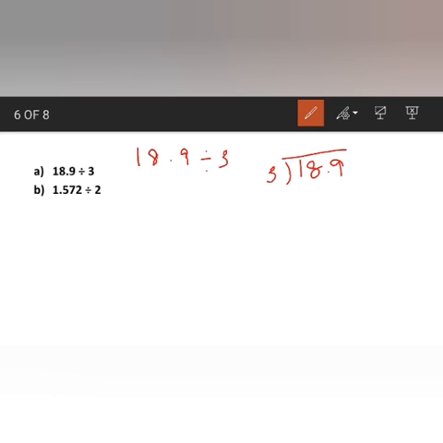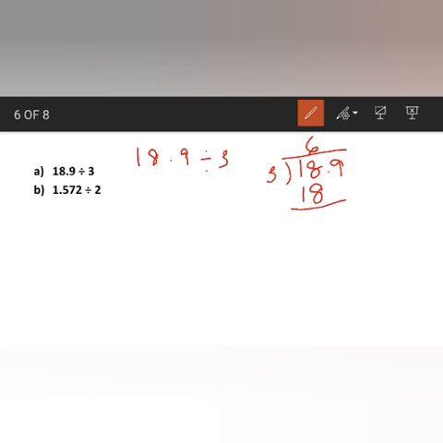When we are dividing, 3 will not go in 1. So, we have to take the next digit along with 1 so that it becomes 18. How many times will 3 go in 18? Yes, it is 6 times. So, we will write 6 in the quotient part and write 18 here.